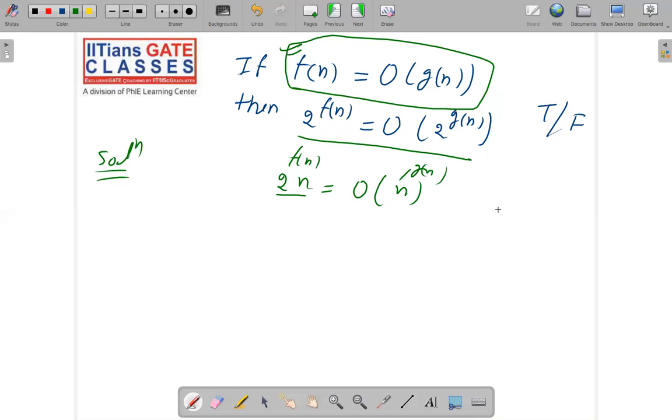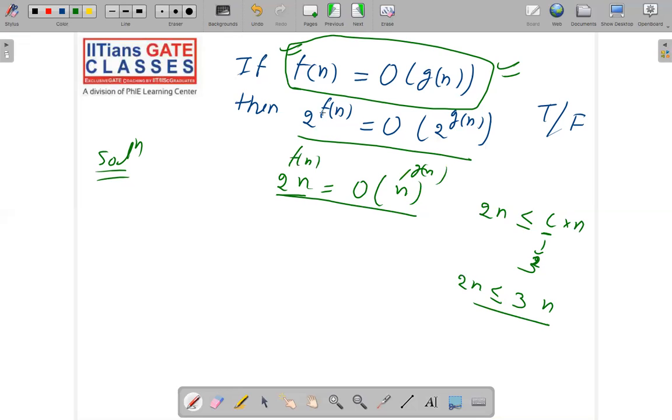This is order of n because 2n is less than or equal to c multiplied by n, where c can be 2. You can put c as 3 here. So 2n is less than or equal to 3n, right? So this is satisfied. Now that we have taken this example, how can we say whether the statement is true or false?